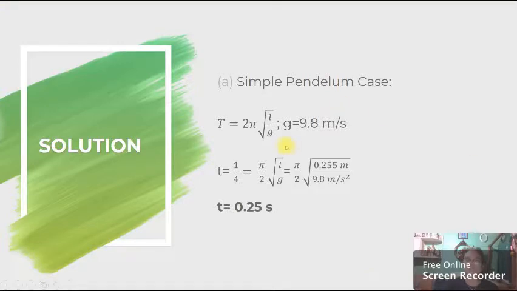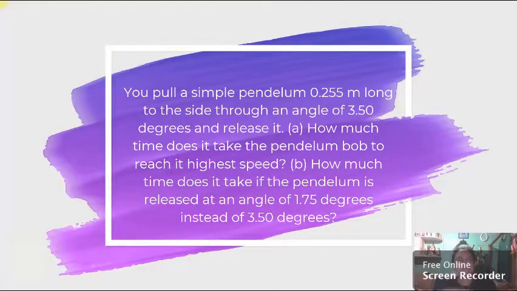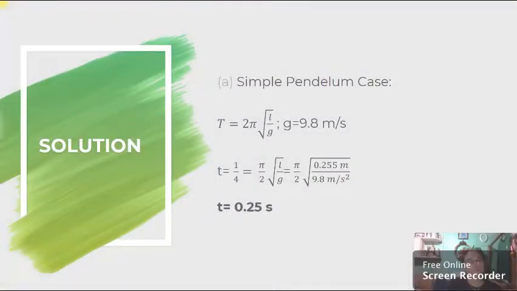Since we're looking for the time it takes to reach its highest speed, T is equal to 1/4 of the period, which is pi over 2 times the square root of L over g. Plugging in the length, 0.255 meters over g, we arrive at an answer of T equal to 0.25 seconds.